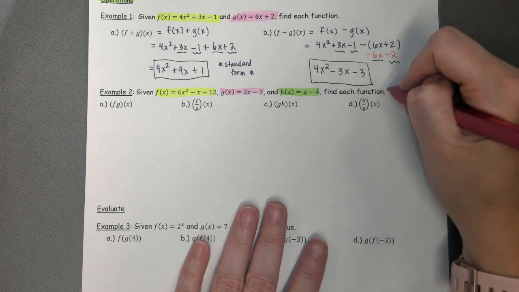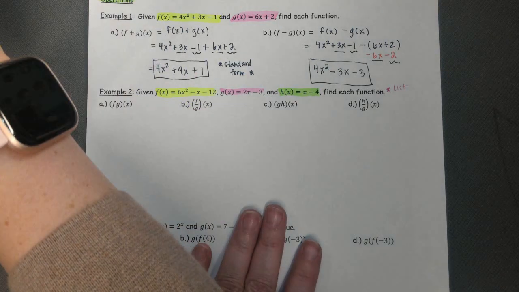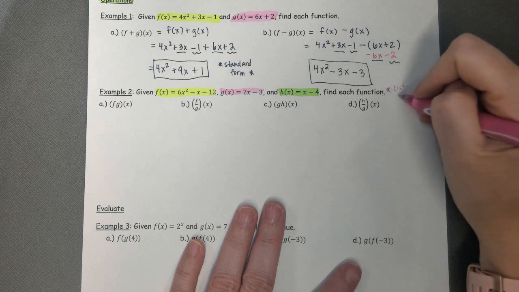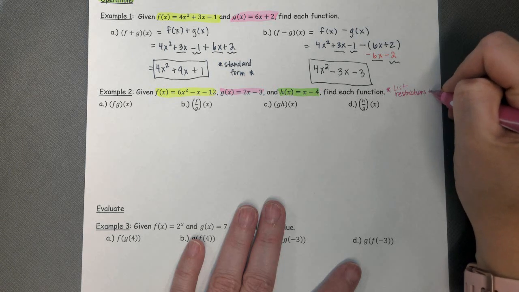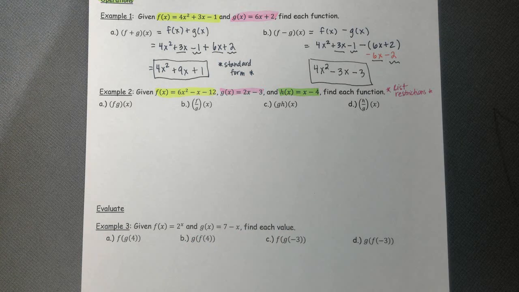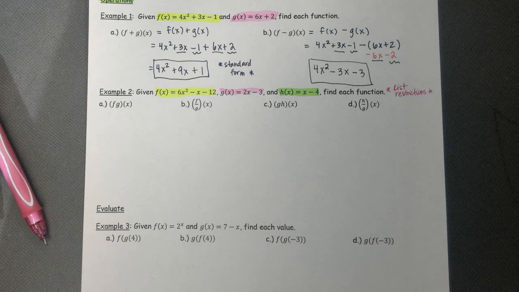And what that means is, you're going to list restrictions. What that means is if there is a restriction on the domain, you're going to have to make sure that you say what x cannot equal.